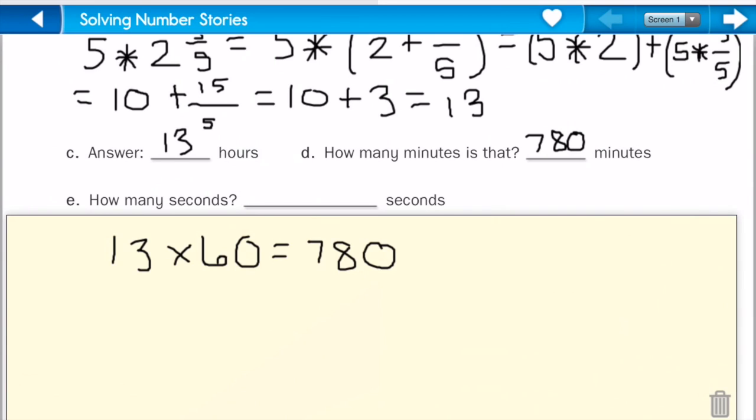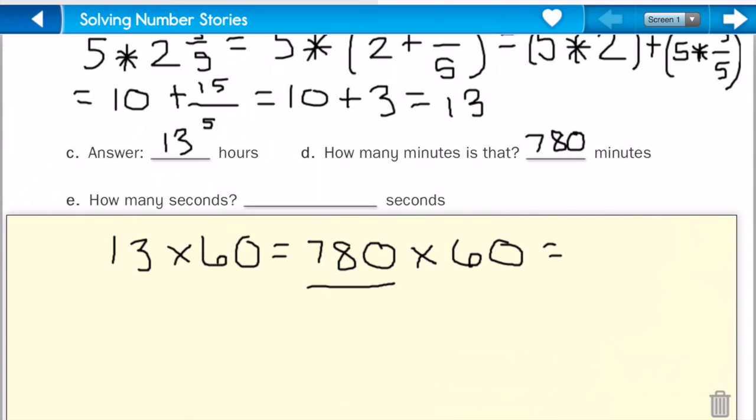How many seconds is that? Well, so now we have our minutes here. To figure out the seconds, how would we do that? Yeah, we would multiply it times 60 because there's 60 seconds in a minute.